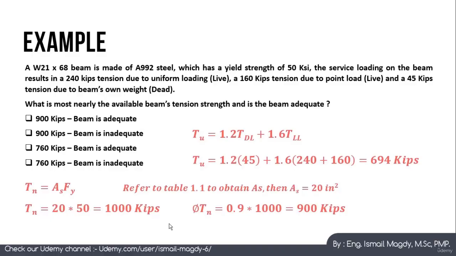So it is going to equal 0.9 multiplied by 1000 equals 900 kips. So this means that phi Tn is higher than T ultimate because T ultimate equals 694. So this means that the beam is adequate. So this is our answer, which is the first option here, 900 kips for the design strength of the beam, and the beam is adequate.